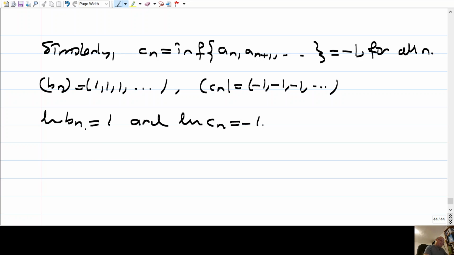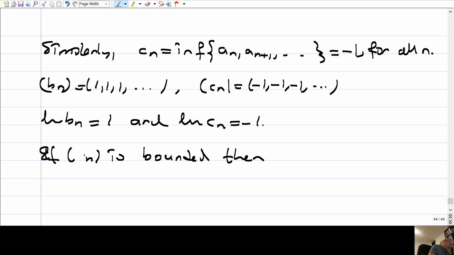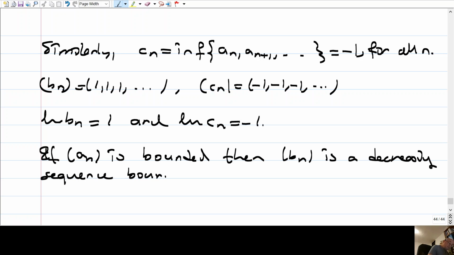Well, if the sequence An is bounded, I mean bounded from above and below, then Bn is a decreasing sequence, bounded from below, because all the terms of An are bounded.